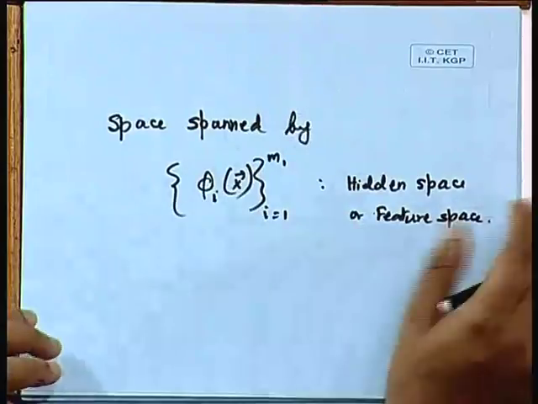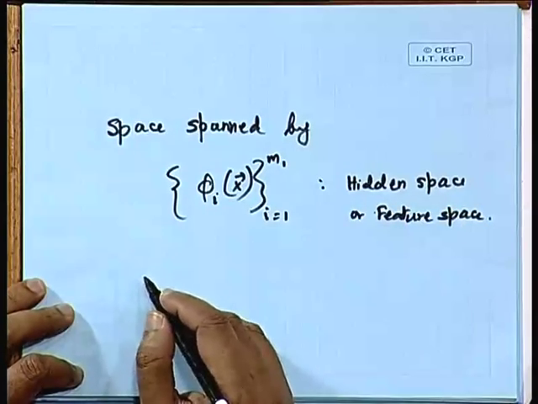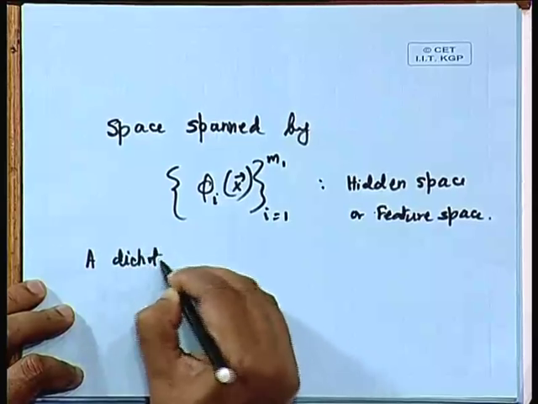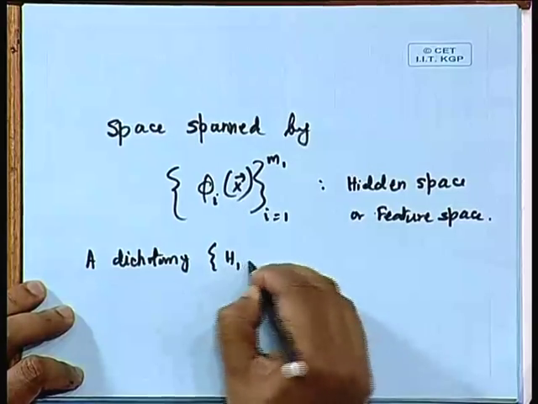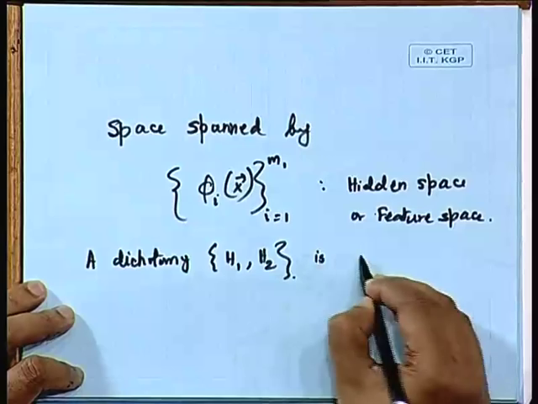Now, what happens is that you have got this set of phi functions, or what you can say are the hidden functions, spanning a hidden space of M1 dimension. Now, we can say that a dichotomy H1, H2, because we have got only 2 classes over here, is phi separable.